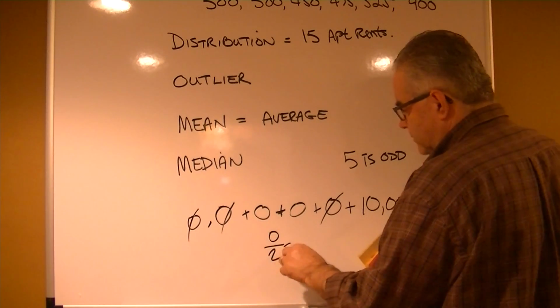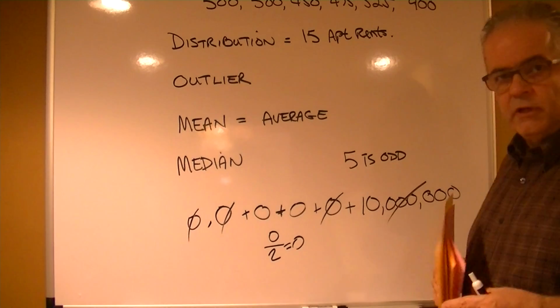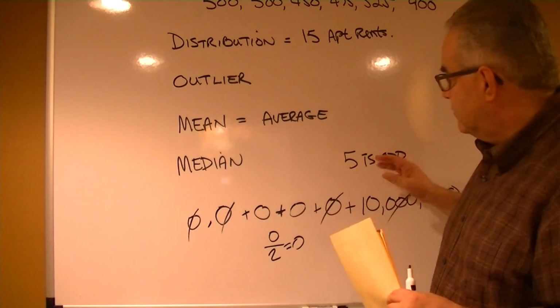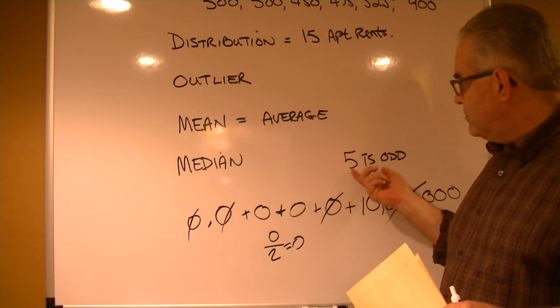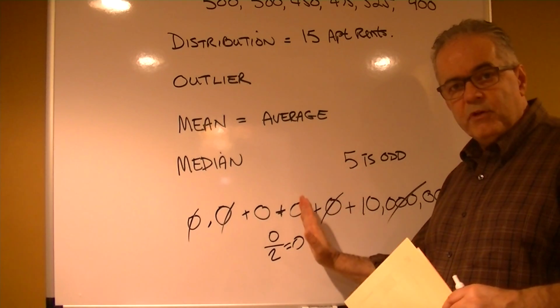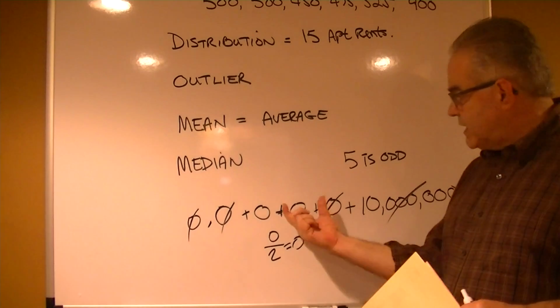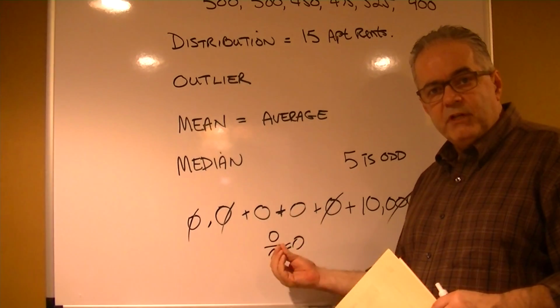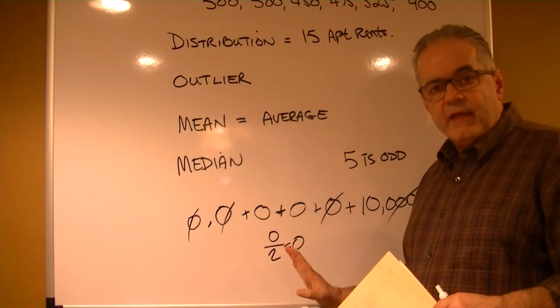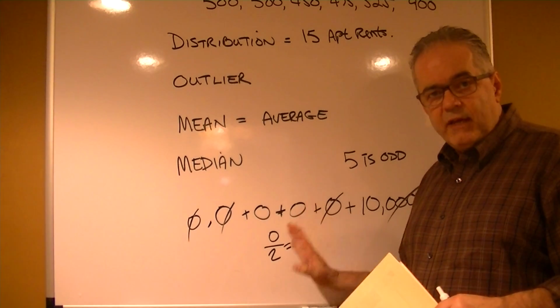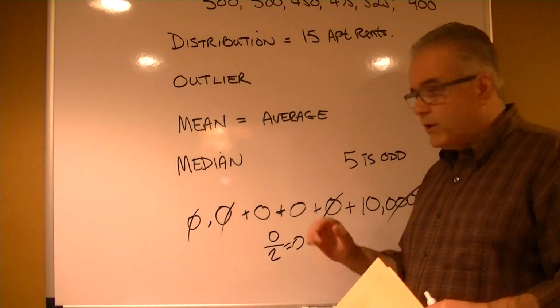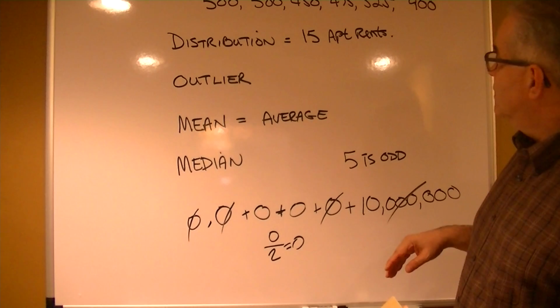So in this case, it's still going to be 0. But the focus here is if I have an odd number of numbers, I have one number in the middle, that's the median. If I have an even number of numbers, I have to take the 2 in the middle, add them together, divide by 2, and that's the median of an even number of numbers. That's the difference between the two.